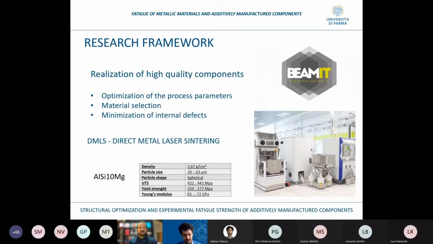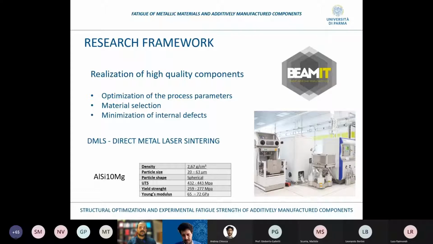Regarding the research framework in which we are involved, it is important to underline that luckily we have a strict collaboration with our industrial partner BMIT, which is probably one of the biggest additive manufacturing industries in Europe and has many additive manufacturing systems.